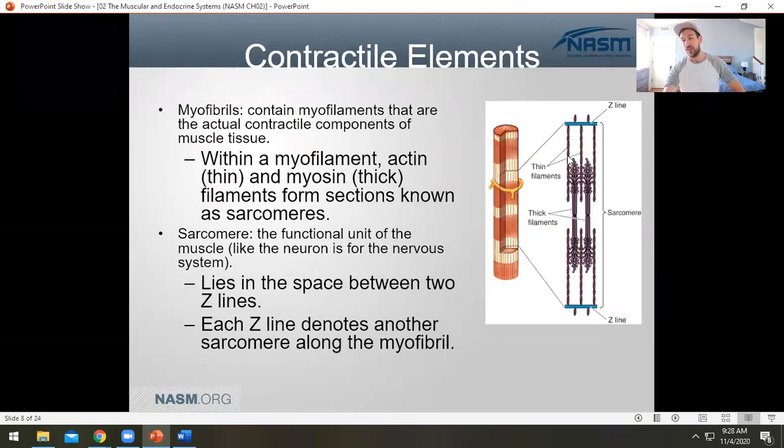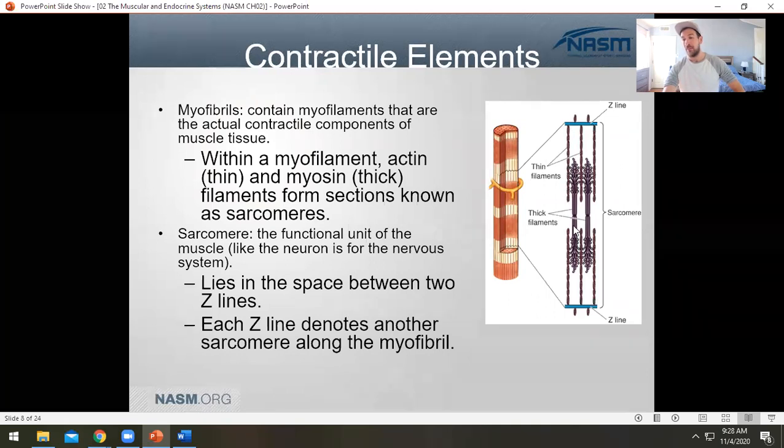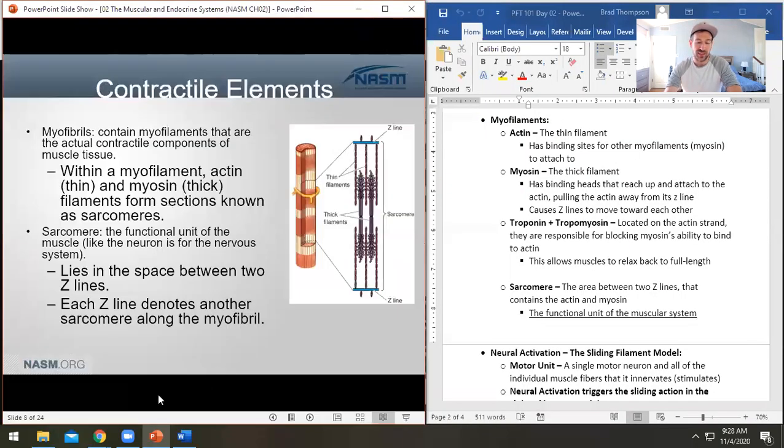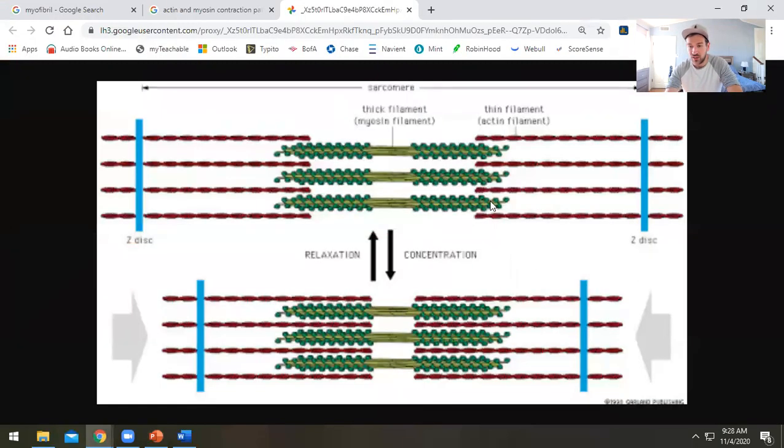Actin is this little thin strand right here, and myosin is this really thick strand in the middle. They've got these interesting little bulbous heads, and these heads like to reach up and grab little binding sites found on the thin strands.